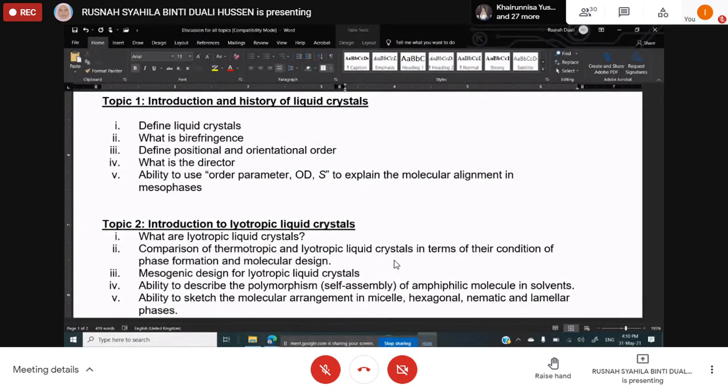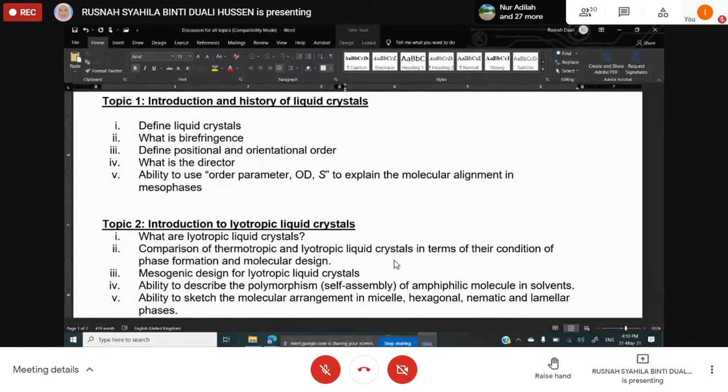We look at the first one, positional order. It describes the position of the mesogen with respect to the mesogen next to it.